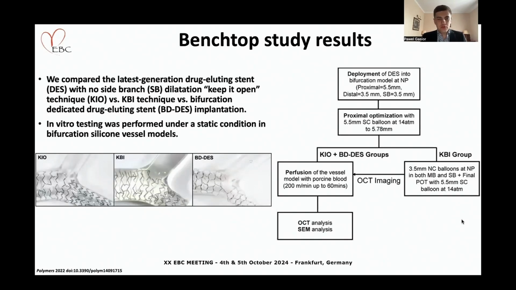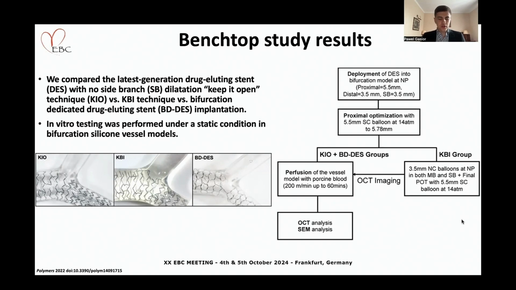First of all, I would like to say a few words on how we came up with the in vivo human study. First, we conducted an ex vivo benchtop study in which we compared the latest generation drug-eluting stent, in this case Sierra from Sinomed, and we implanted it in the bifurcation model.